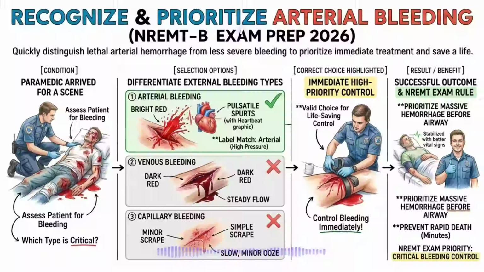Recognizing the different types of external bleeding is your first step in wound management, and arterial bleeding is the most dangerous. Arterial bleeding is bright red and spurts aggressively in time with the heartbeat, meaning a patient can bleed to death in just a few minutes if you do not act quickly.